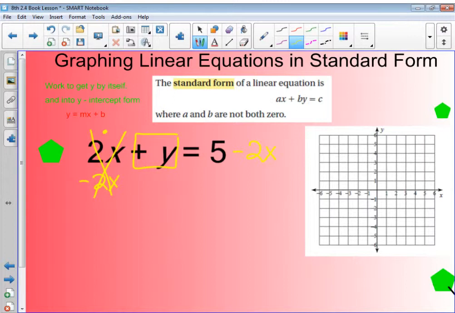Now we have y equals 5 minus 2x. I don't have to do any dividing because y is already by itself, but I am going to rewrite it into the format that I'm used to seeing, and that is to have the x first. So I have to keep this negative with that 2, so negative 2x, and this is a positive 5, so plus 5.